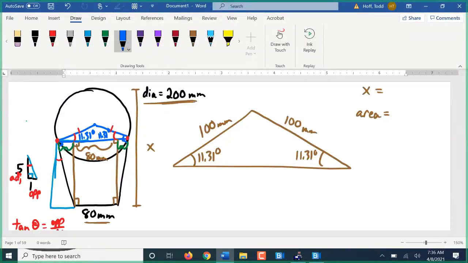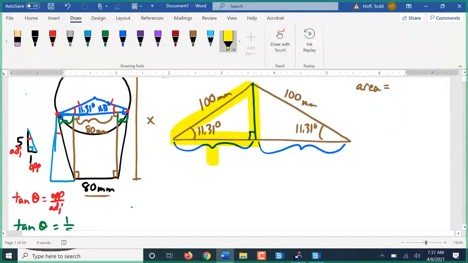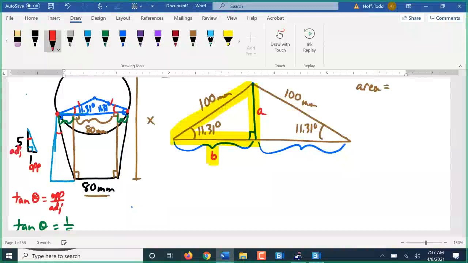Since it's an isosceles triangle, if I draw a line from the vertex between the two equal sides to the opposite side, creating a right angle, I cut this opposite side in half. So now I can focus just on the right triangle. If I find that length, I just double it to find the length of the whole base of that triangle. Before we're done here, I'm going to need both dimensions, so I'll find both of those. I'm going to call this dimension A, this one B.